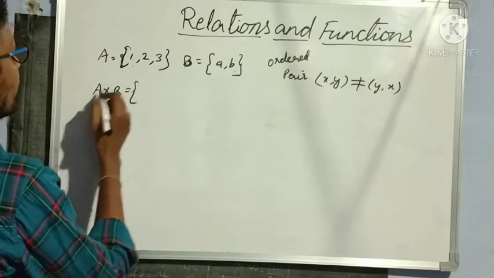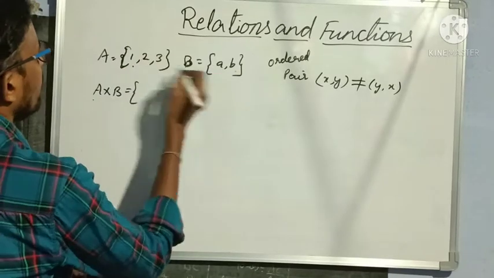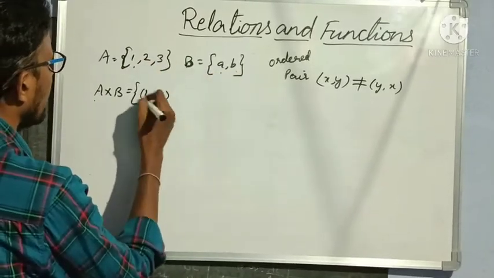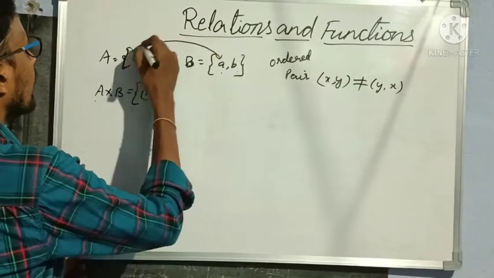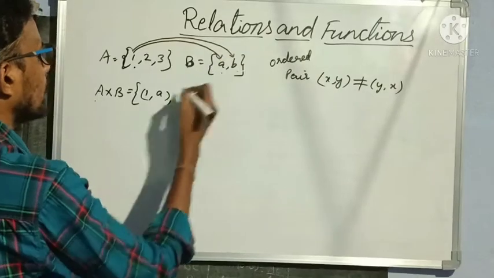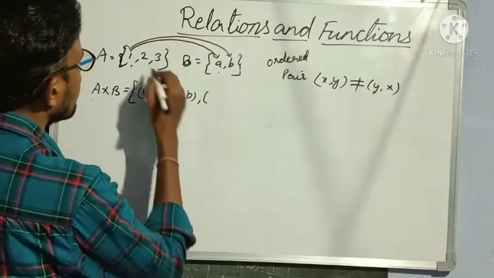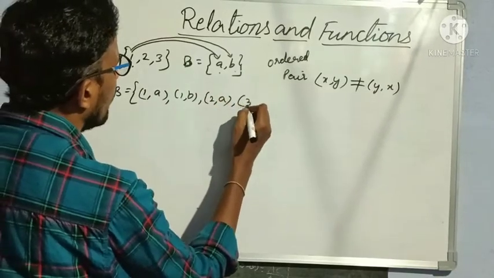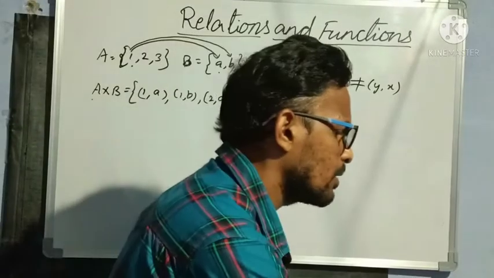So now we have to write the ordered pairs of A cross B. Starting from the A element only we have to write. So the first element of A and the first element of B, that is 1 comma a. Next, again the first element of A, now we have to take the second element of B, that is 1 comma b. In the same way we take the second element of A and the first element of B, and wait, a third element is also there.